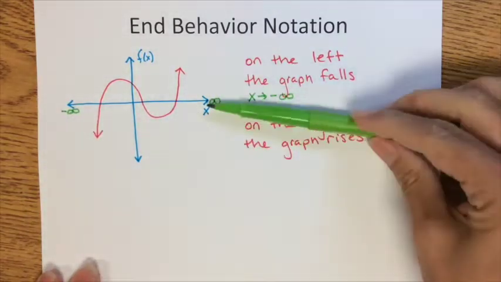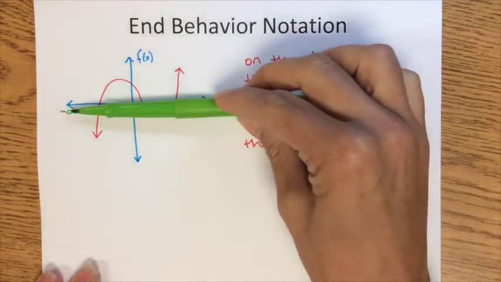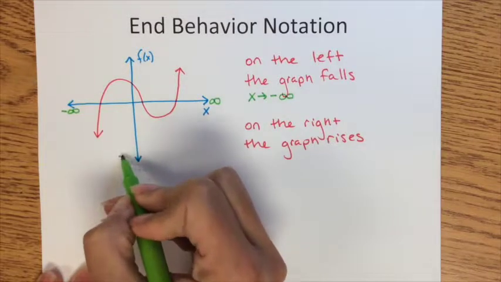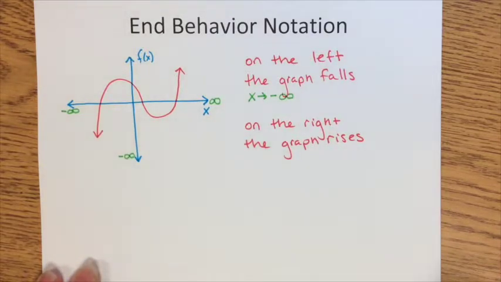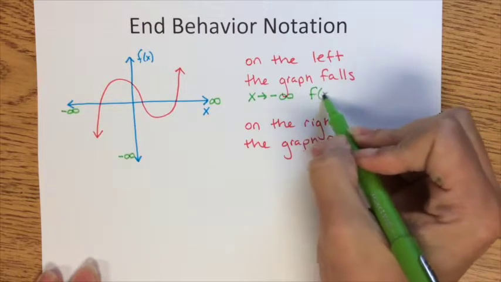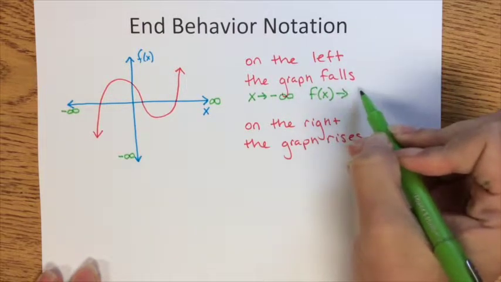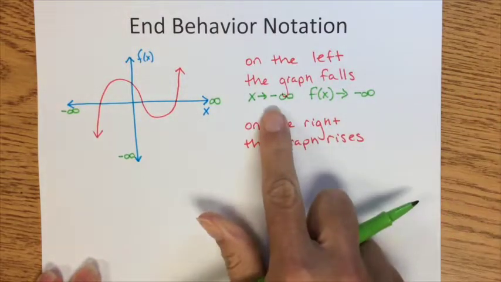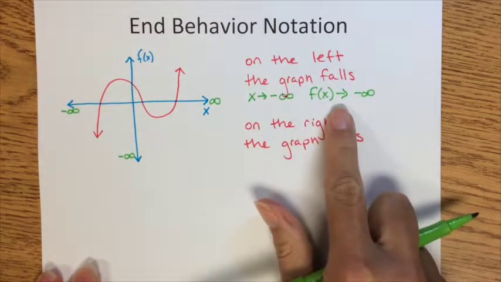As the graph goes to the left, what is it doing? It's going down, or going towards negative infinity. So as x goes towards negative infinity, f of x goes towards negative infinity as well. This piece means on the left, and this piece means the graph falls.